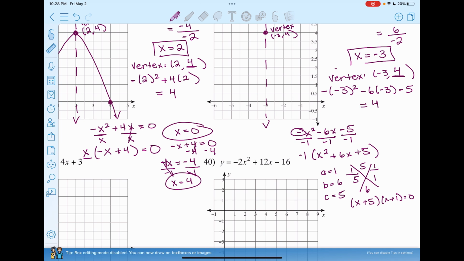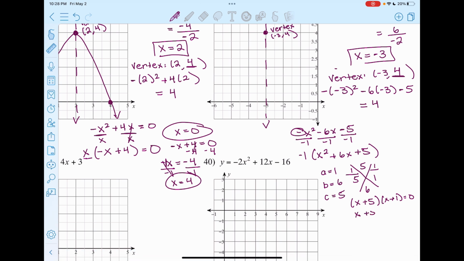And I solve each for 0. So x plus 5 equals 0, and x plus 1 equals 0. I subtract 5 from both sides, and I get x equals negative 5. And I subtract 1 from both sides, and I get x is equal to negative 1. So my x-intercepts are negative 1 and negative 5, and here is my parabola.